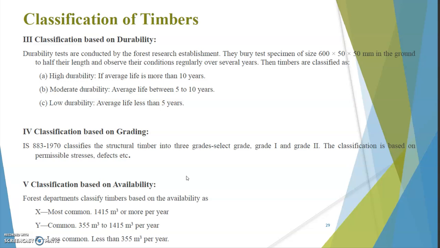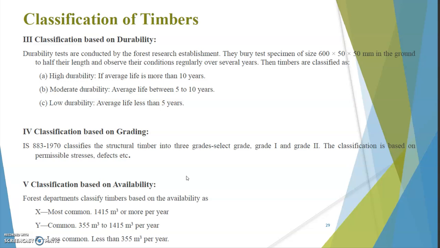If certain trees are available very commonly and throughout the year, then they can be called X category of timber, which may be available even up to 1415 meter cube per year. Certain trees or types of trees will be available at a medium level only, so they can be called Y category of timber. They may be available in the quantity of 355 to 1415 meter cube per year.